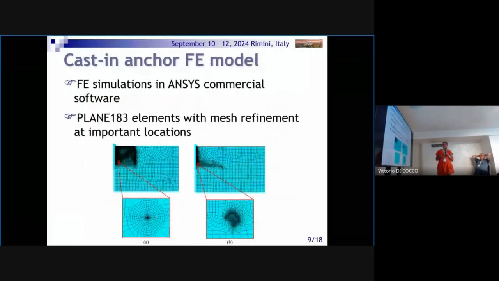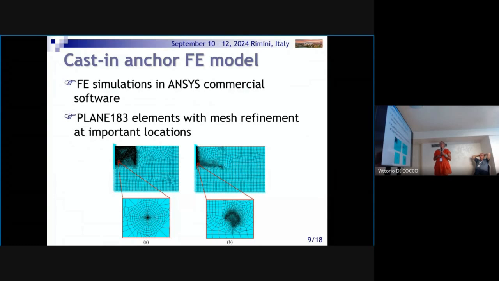Here is an example of our finite element models. We used ANSYS commercial software, and we created the model with PLANE183 elements, because these elements enable better modeling of the crack singularity at the crack tip.